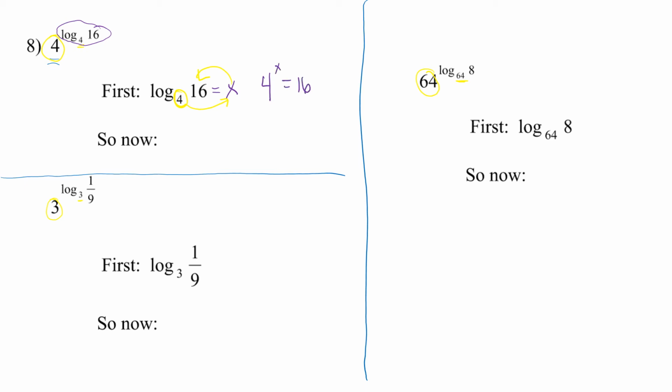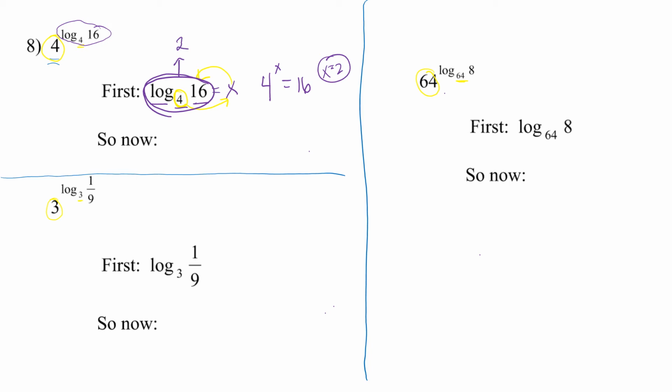You should be thinking that x is 2 because 4 squared is equal to 16. So x equals 2. So log base 4 of 16 is equal to 2.